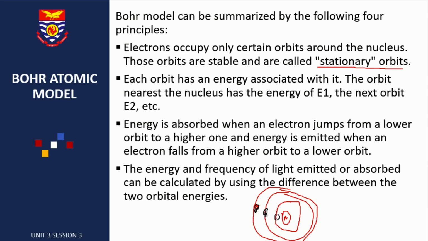The energy and the frequency of light emitted or absorbed can be calculated by using the difference between the two orbits' energies. So after the electron has moved and there is an emission or absorption of energy, Bohr is saying we can calculate it using the two orbital energies.